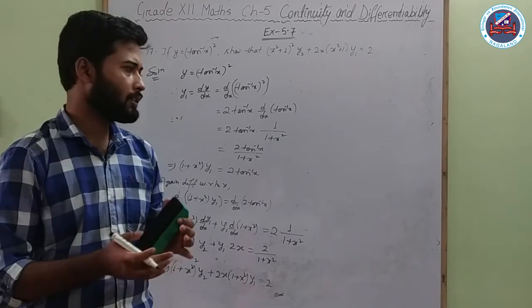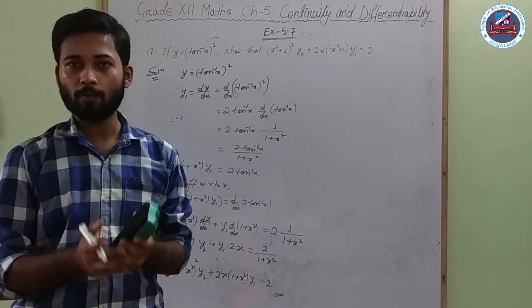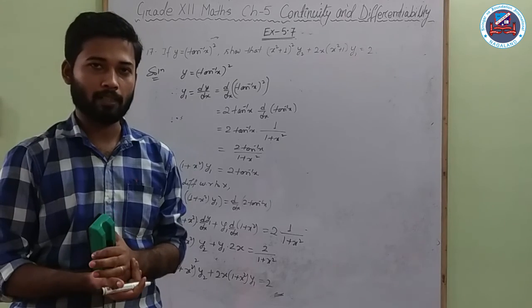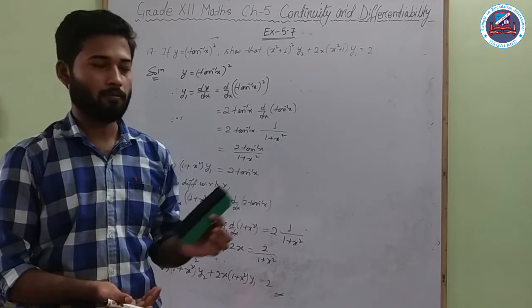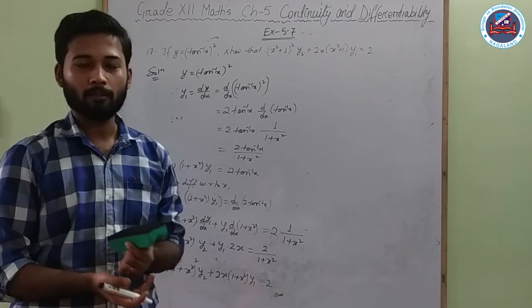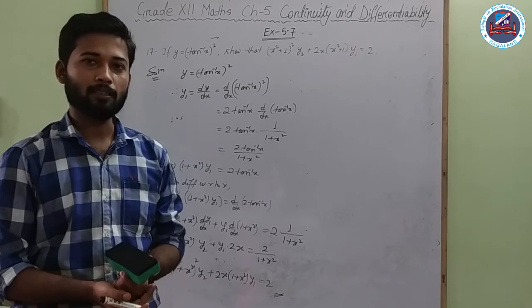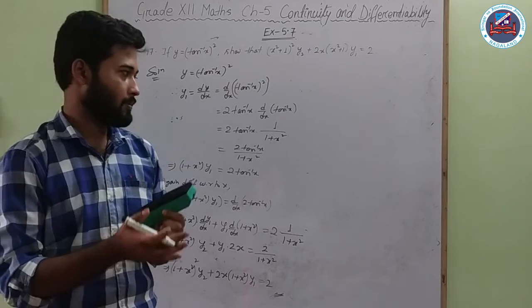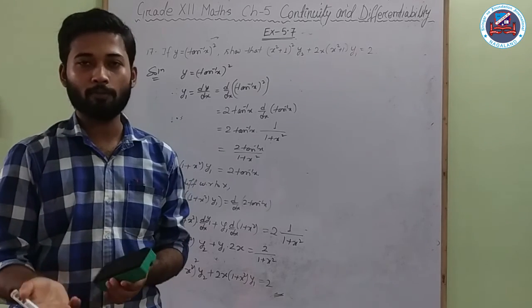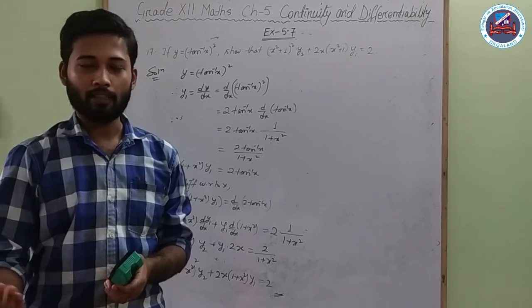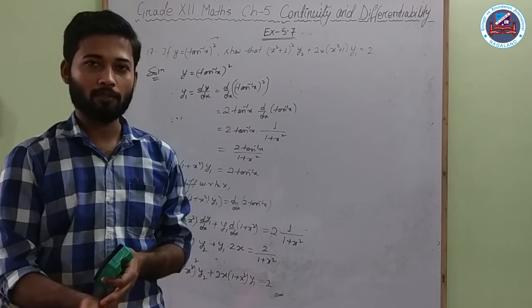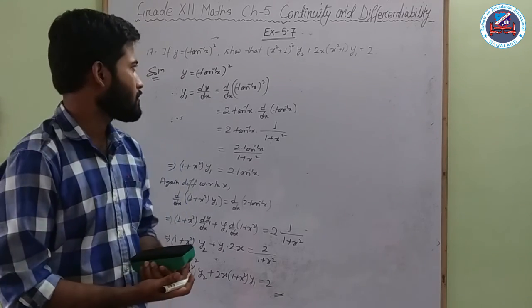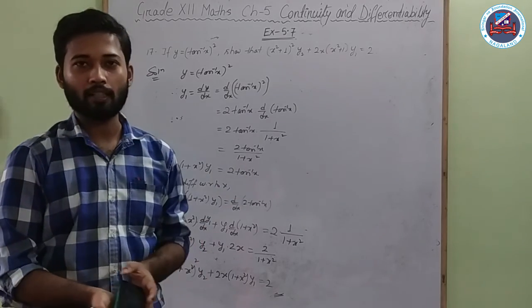And remember that calculus is one of the most important parts of your grade 12 mathematics, and also if you are going to do engineering, so this will really matter. So be serious about this chapter, and try as much as possible. If you want to use the reference books, I think it's available in the library, and also you can buy it online. So practice calculus as much as possible.